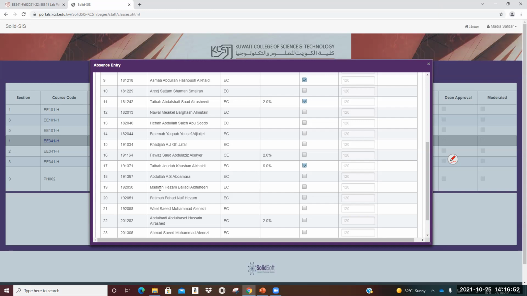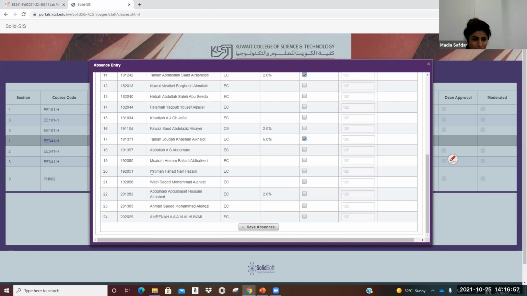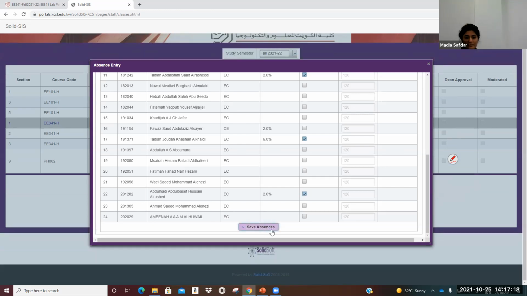Sarah, yes. Fatima Fahad, yes, with you, doctor. Abdul Hadi. Abdul Basit. Ahmad Said, yes. And Amina, present. So Taiba has done a lot of absence.